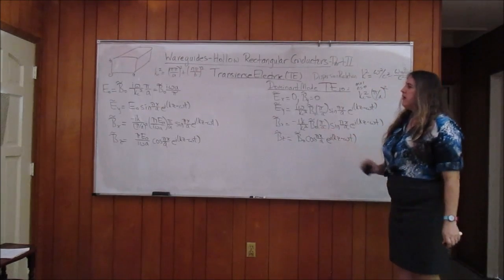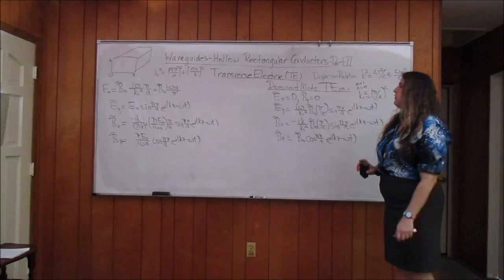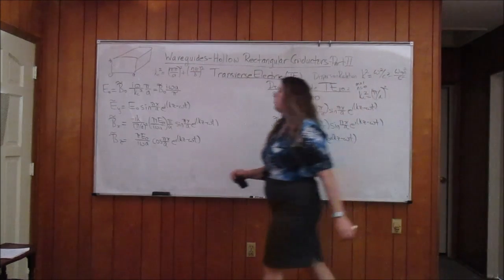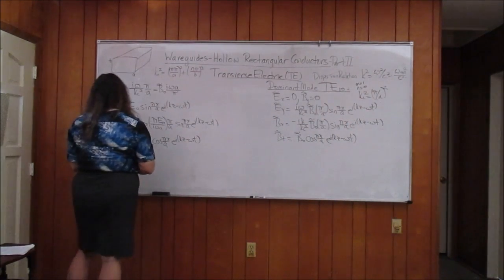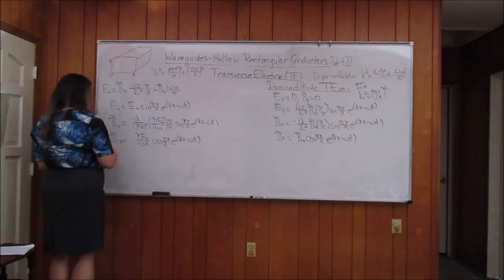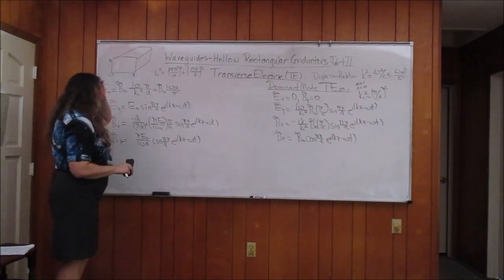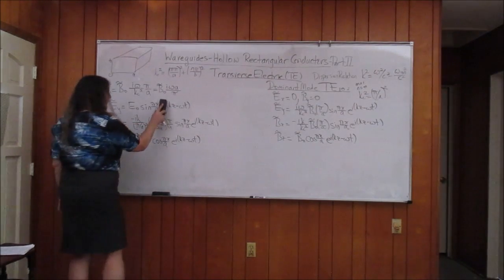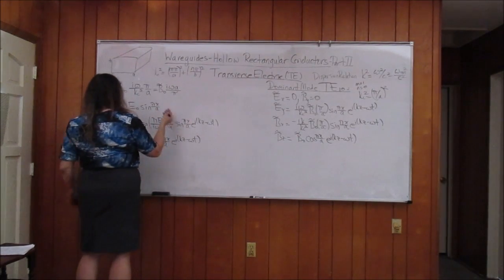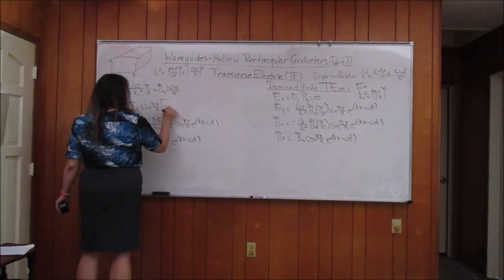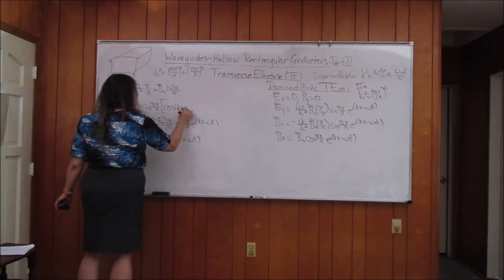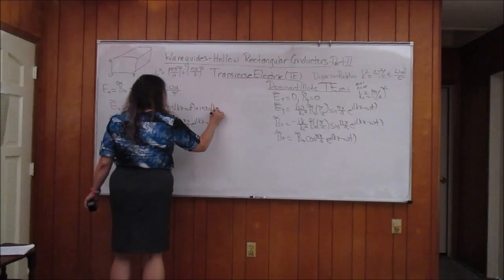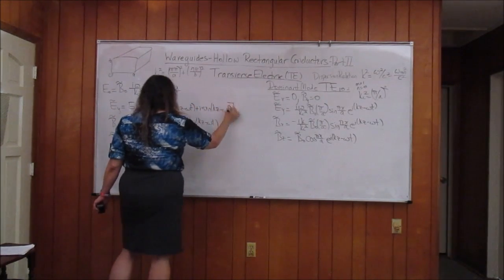Now I'm expressing the transverse components of the electric and magnetic fields in terms of the peak electric field. What we'll do as well is use the Euler relation to replace the exponential by cosine and sine. So this becomes cosine kz minus omega t plus i sine kz minus omega t.